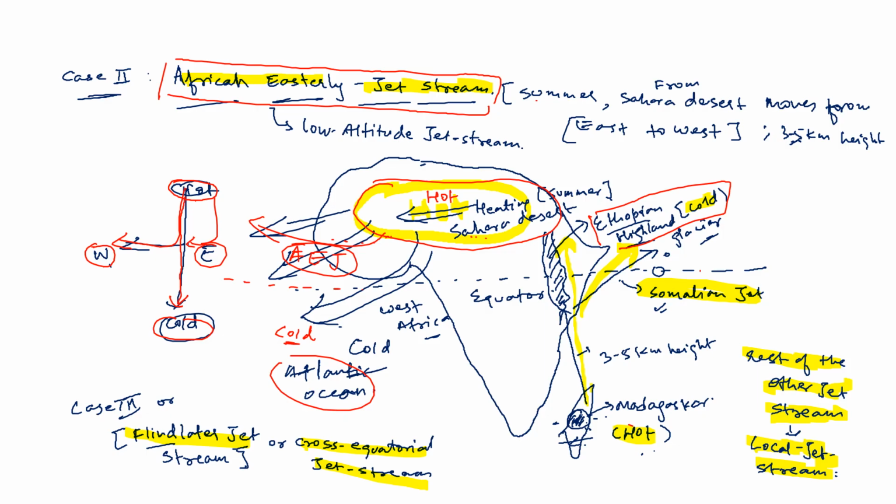Similarly, the African easterly jet stream gets developed in the summer season, flowing at a height of 3 to 5 kilometers, moving from the Sahara desert towards the West African coast. What is the reason behind its formation? Same reason.